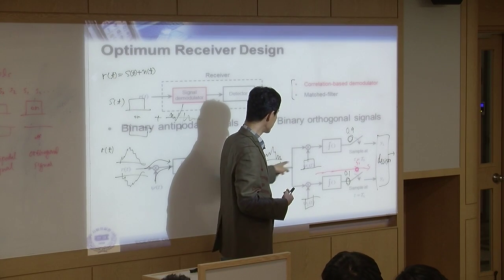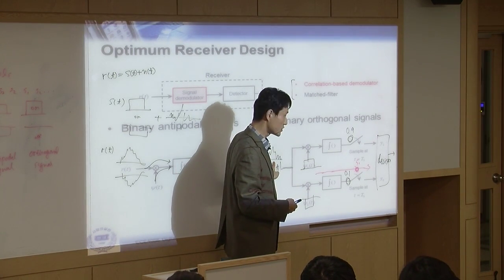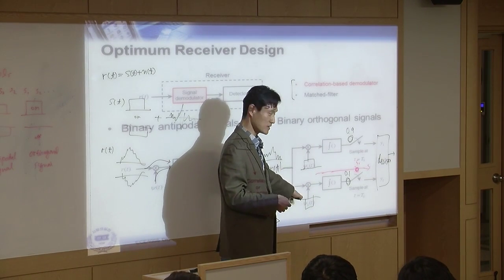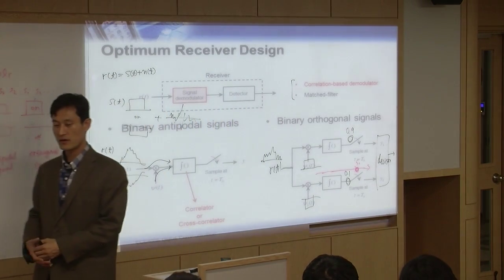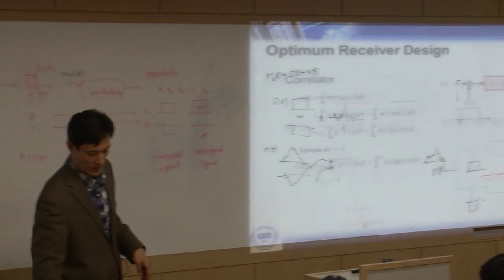So which one is more close to this? That's the idea. Is this close to this, or is this close to this? That's what we're calculating here. That's the correlator. So that's the block diagram view of the correlator.